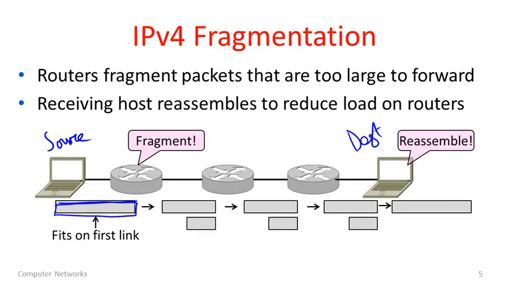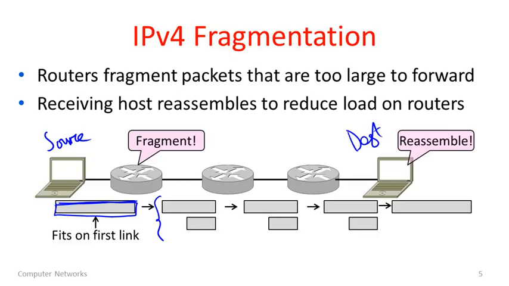When we get to some router, any router in the network, if that packet is too large to fit on the outgoing links, then the router will fragment it. And you can see that's exactly what happens at this first router. We've now divided the packet into two different fragments. A long one, which was probably the longest size that fit over that link, and then a leftover chunk.